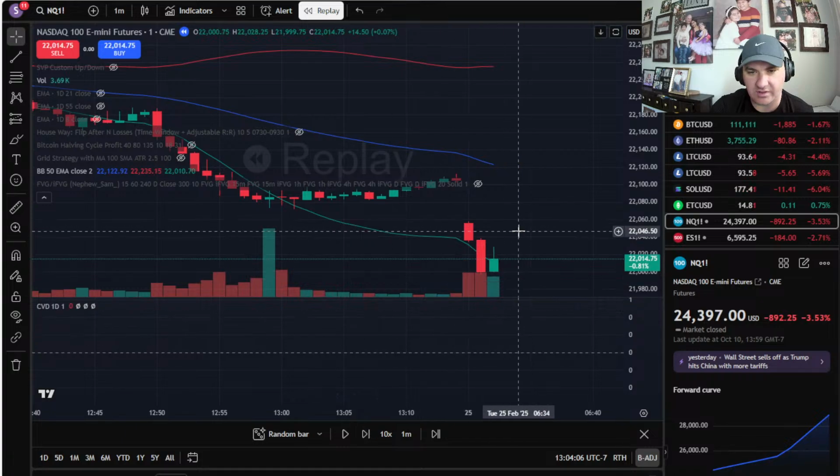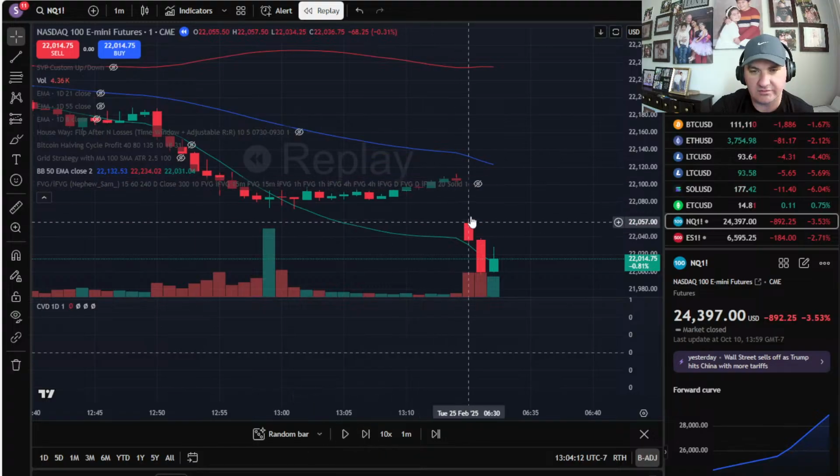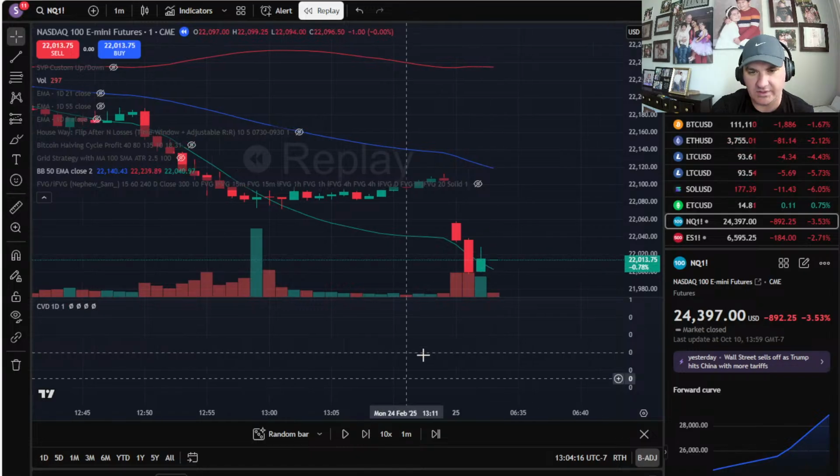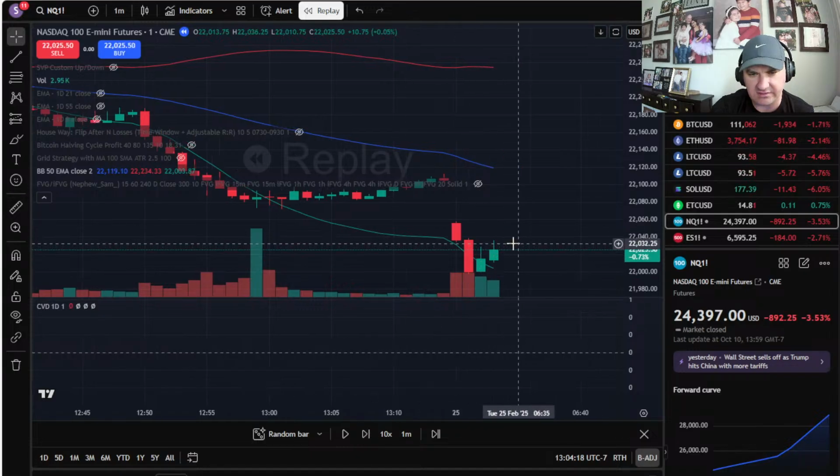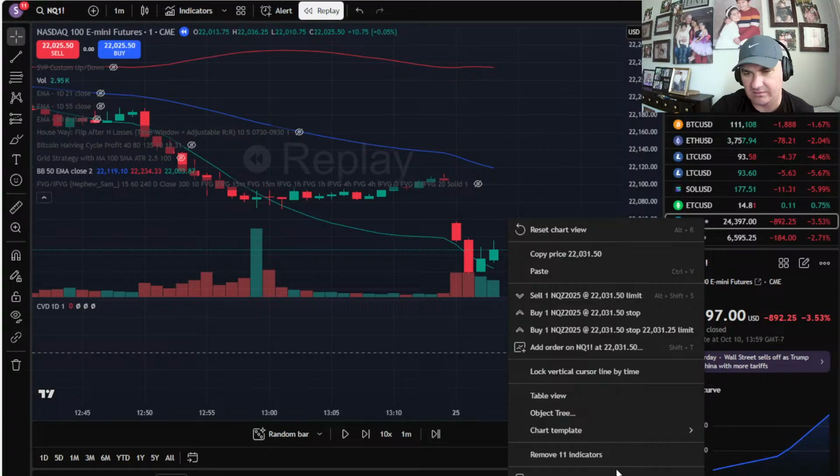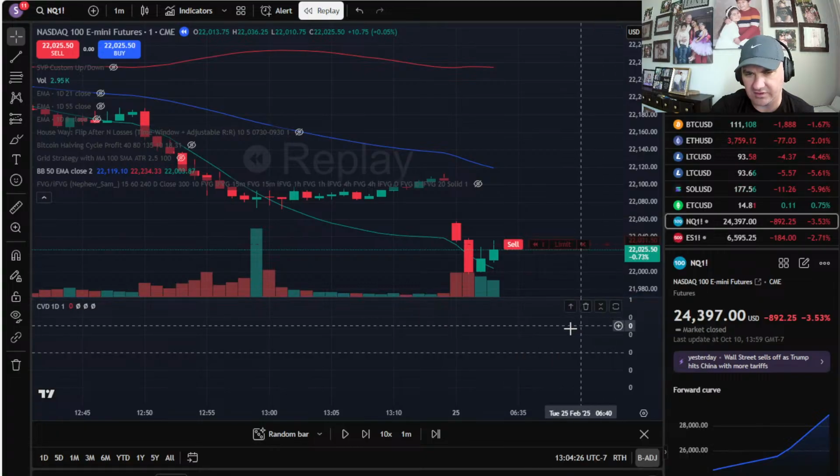I mean, this is probably a fair value gap here, just based on that this thing gapped down. But actually, technically, this was the first visible gap. Let's see if we get into it. We'll set a limit order there.